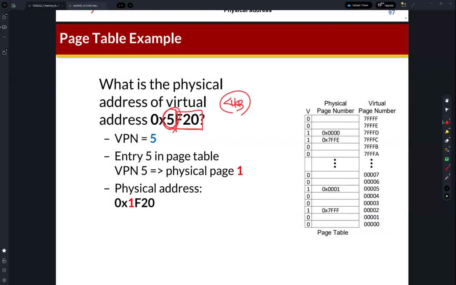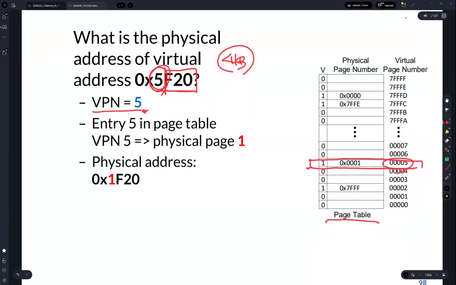So you can find the VPN is 5. And then this is the page table, and we can find the target entry using the virtual page number, so it's indexed by the virtual page number.